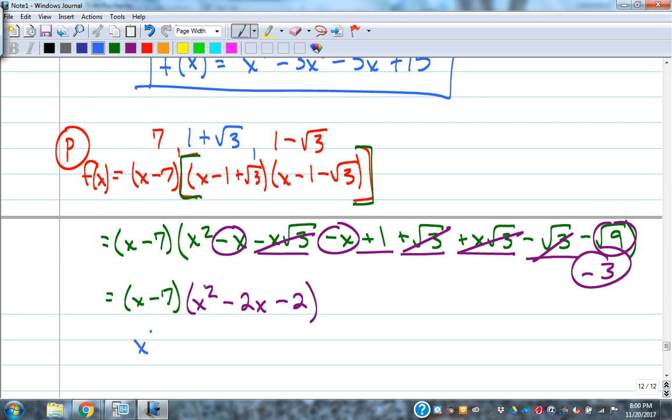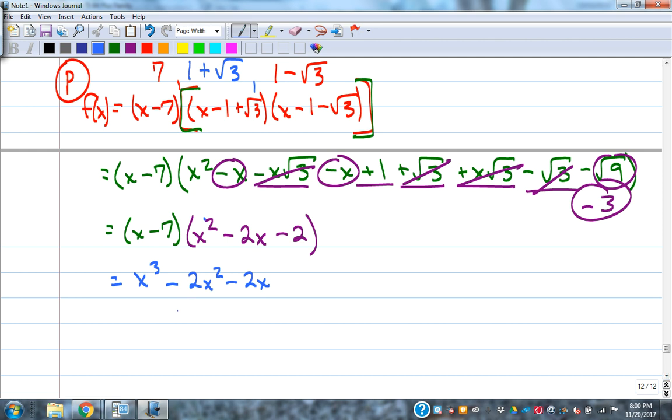X times x squared is x cubed minus 2x squared minus 2x. 7, negative 7x squared, positive 14x, positive 14. There's my function. X cubed minus 9x squared plus 12x plus 14.